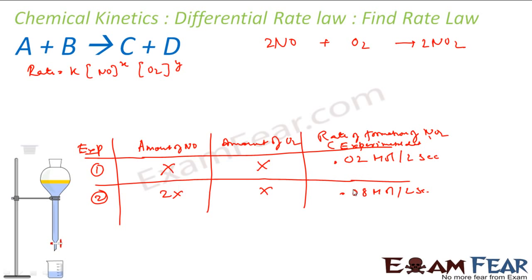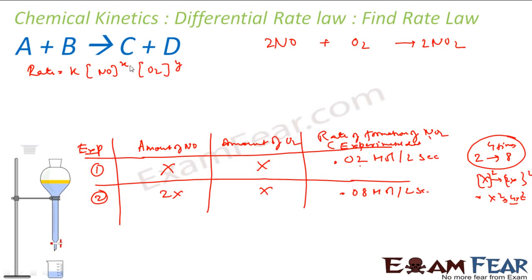Correct? What does it mean? Sorry, it becomes 4 times, 2 to 8. 2 became 8, that is 4 times. Correct? So X became 2X, it is 2 times only, but if X is squared, it becomes 2X squared, then I can say it is 4X squared, right? 2 times, 4 times actually here.